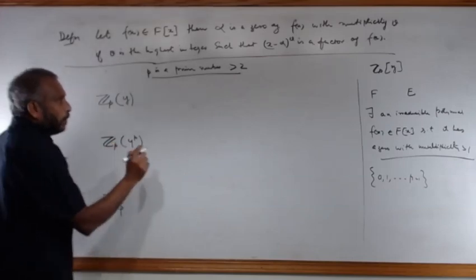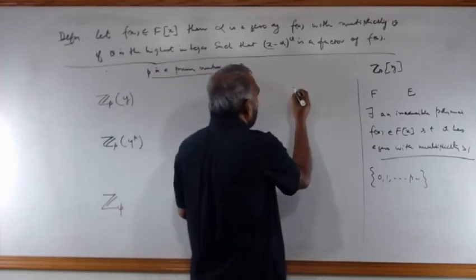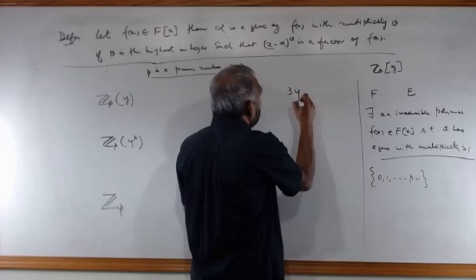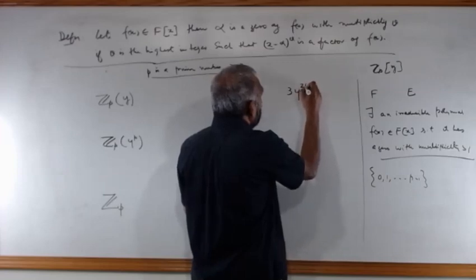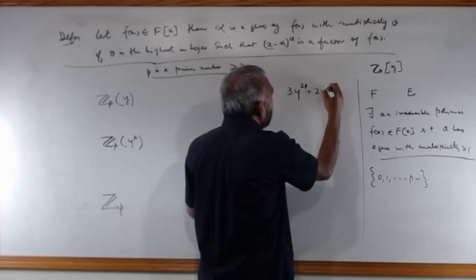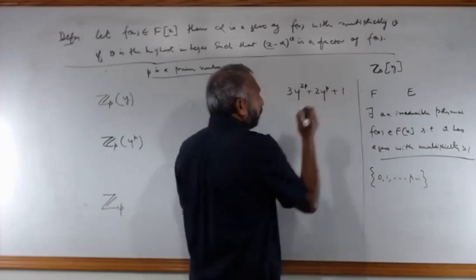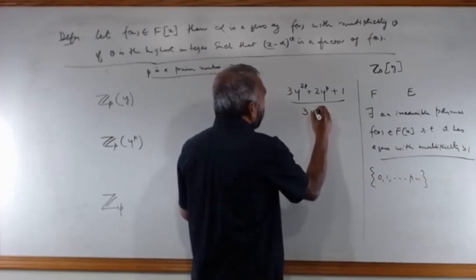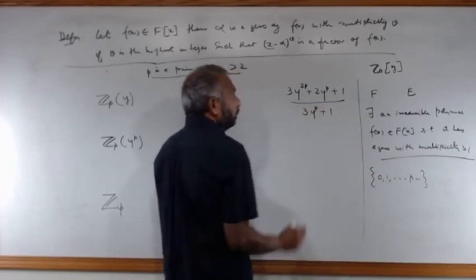So you'll have polynomials like (3y to the power of 2p plus 2y to the power of p plus 1) divided by (3y to the power of p plus 1).